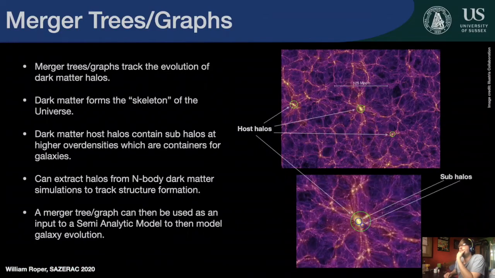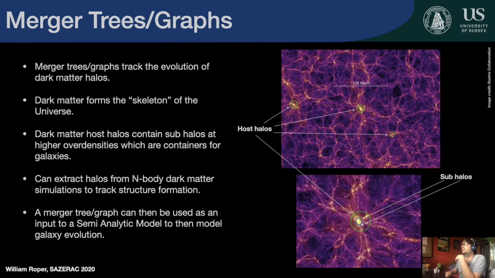First off, a quick primer: what is a merger tree and a merger graph, in case anyone needs to know. In the simplest terms, merger trees and indeed merger graphs are the family trees of dark matter halos. They track the temporal evolution of dark matter halos through multiple snapshots of the simulation.